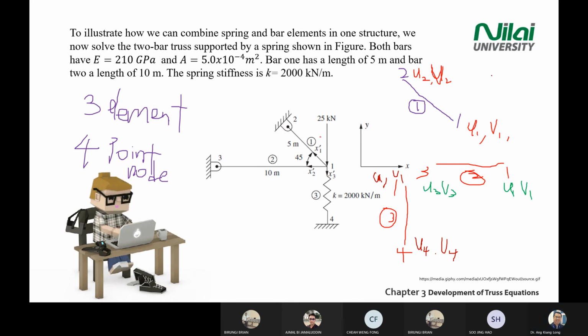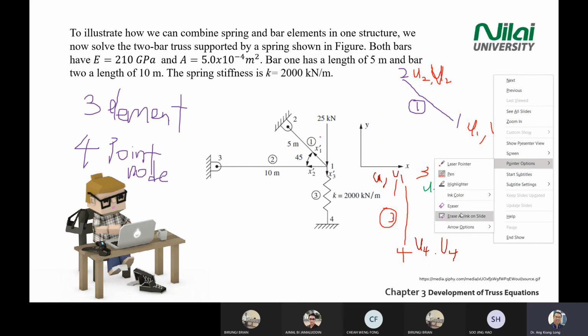Okay. Can you count the different displacements that you have? How many total displacements do you have? Means how many total unknowns that you need to solve in the diagram?